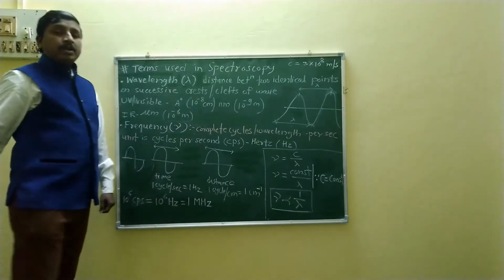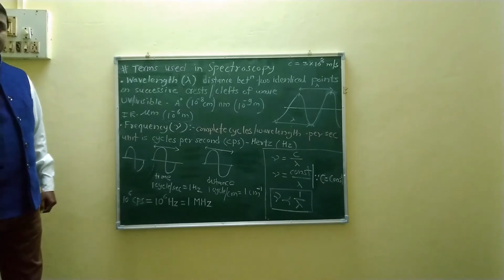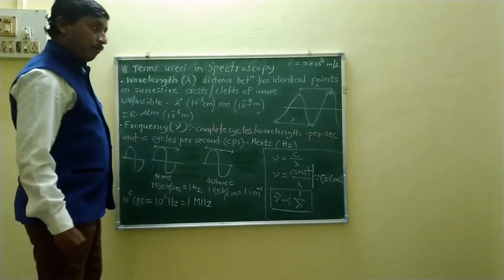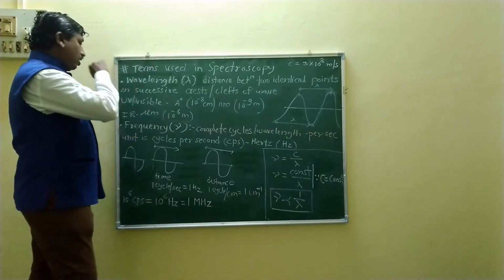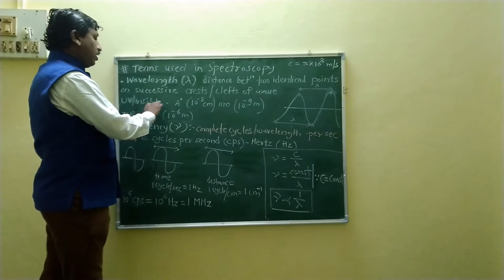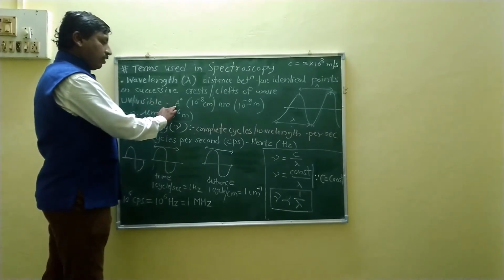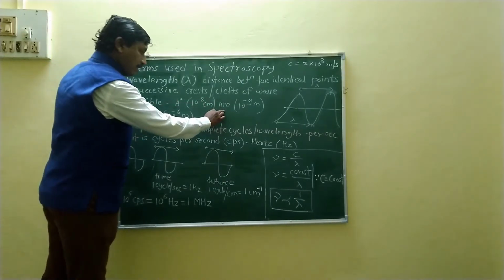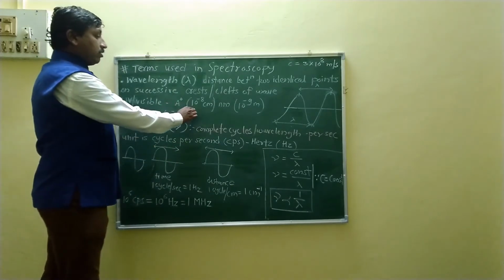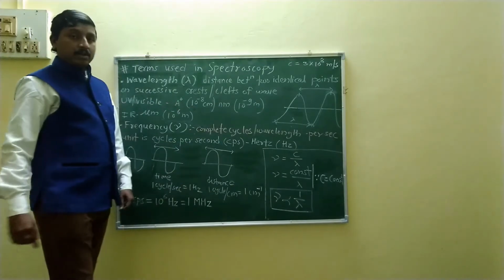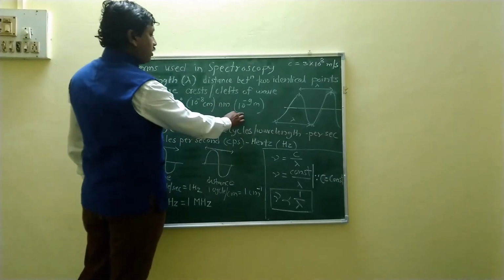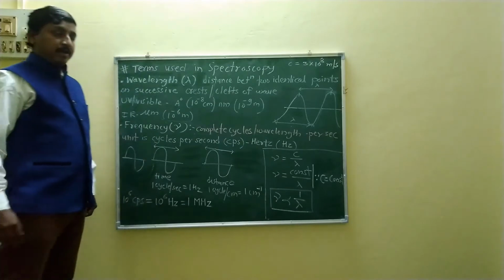It has different units depending upon the nature of electromagnetic radiation. In UV-visible spectroscopy, it has the unit Angstrom or nanometer, where 1 Angstrom is 10 raised to minus 8 centimeter, and 1 nanometer is 10 raised to minus 9 meter.